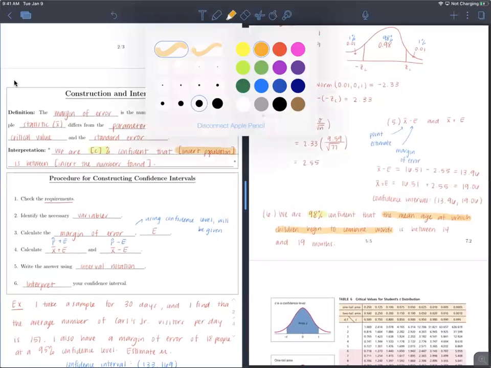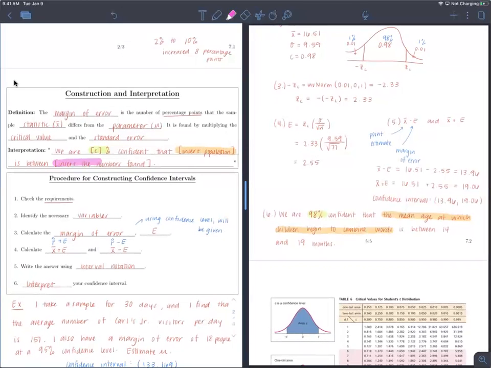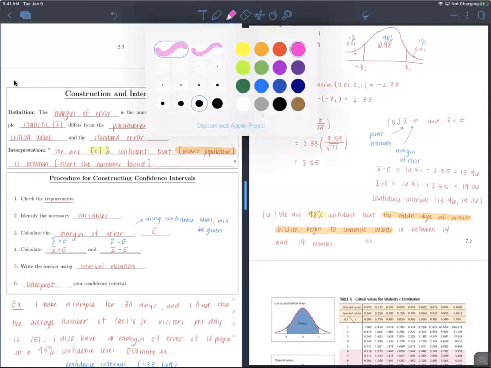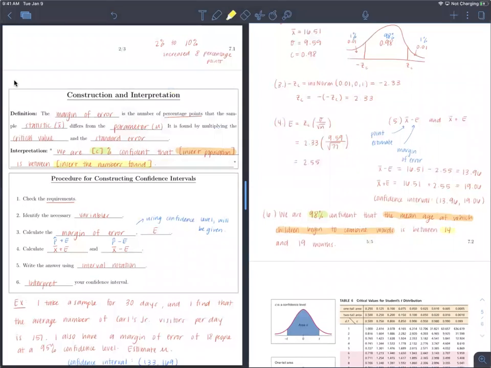And then here, the last one, insert the numbers found. Oh, it's a bad color, do yellow. Insert the numbers found, that's just 14 and 19 months. So on the left is the 7.1 notes, on the right is the 7.2 notes, the example that we're working on. And so I just compared the generic interpretation versus the one I wrote down. So do you have any questions about this problem or how to interpret anything like this?